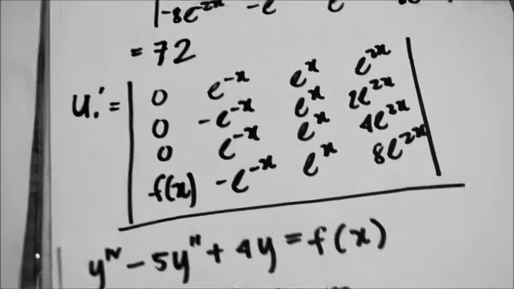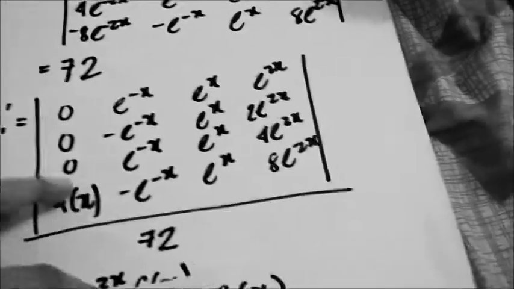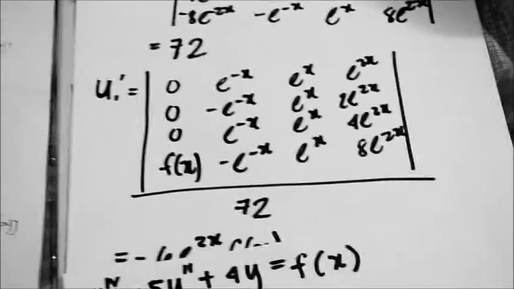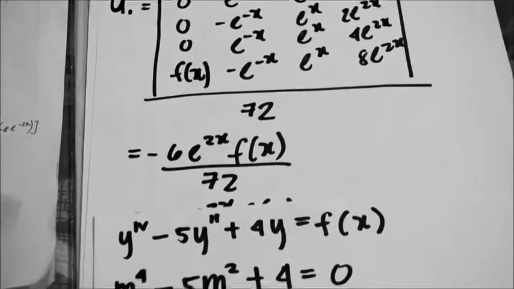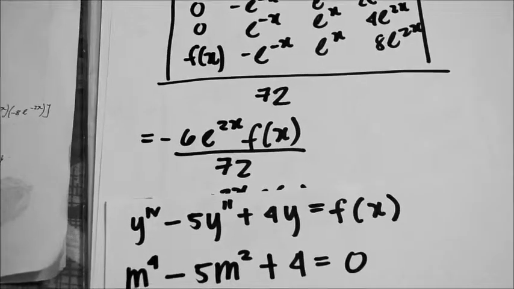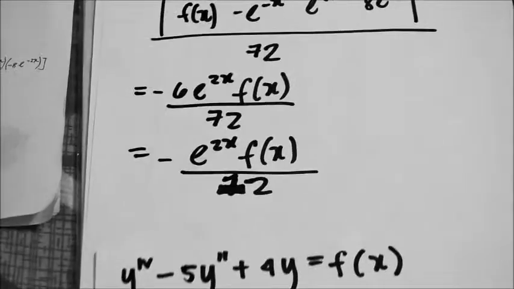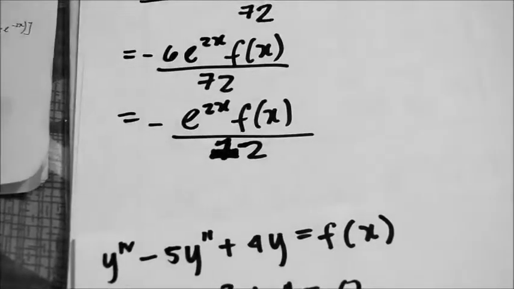So to solve this, we will set this side to 0, and we will get negative 6e to 2x f of x over 72, or negative e to 2x f of x over 12.